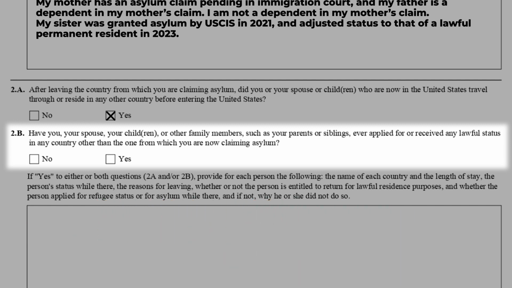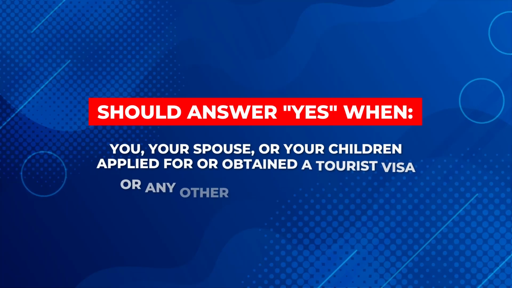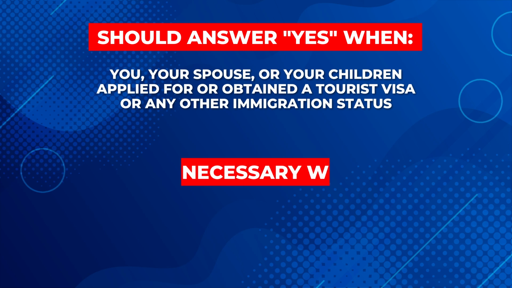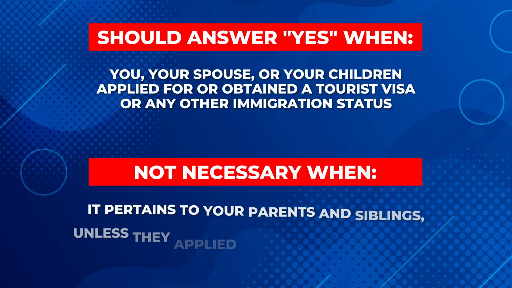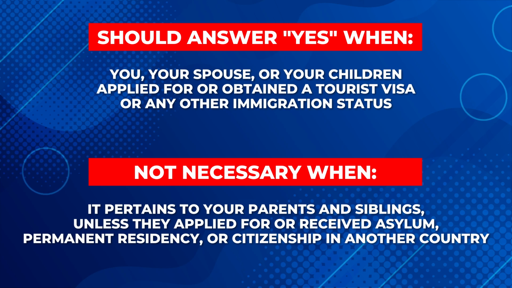But what about short-term immigration status? Like, what if you applied for and got a tourist visa to go on vacation somewhere? Do you need to answer yes here? Yes, actually, I think that you should do so when you, your spouse, or your children applied for or got a tourist visa, or really any other kind of immigration status. But I will say that, when it comes to your parents and siblings, I don't think it's necessary to answer yes for any short-term status they applied for or got.